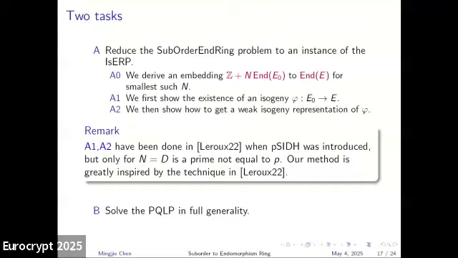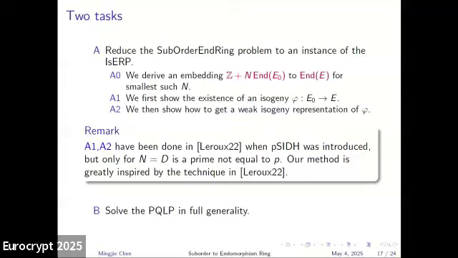So here I want to first discuss briefly how we solve the first task. We have a suborder R that is inside the endomorphism ring, and we use that suborder to define an embedding of Z plus N and E0 into that suborder, and that suborder naturally is contained in End(E).